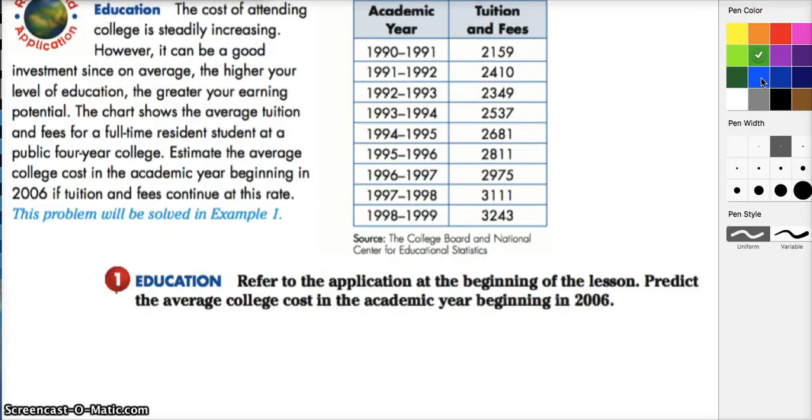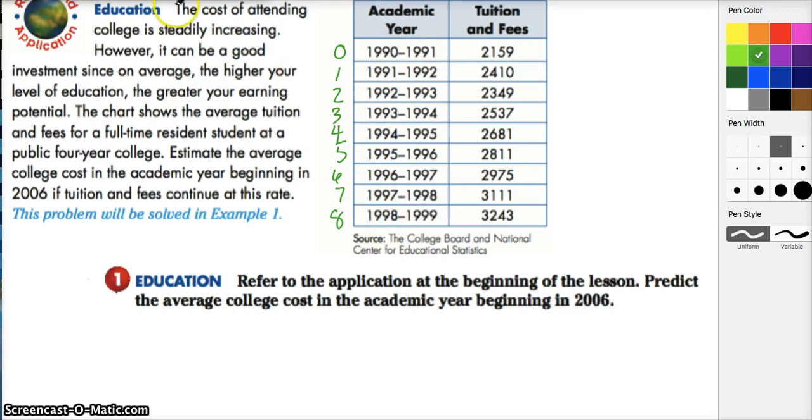To simplify things, I'm going to call this year 0, and this year 1, 2, 3, and so on. This way, when I put the information into my graphing calculator, I'm not dealing with super huge x values. I can think of the 0 as years from this academic year, 1990-1991.